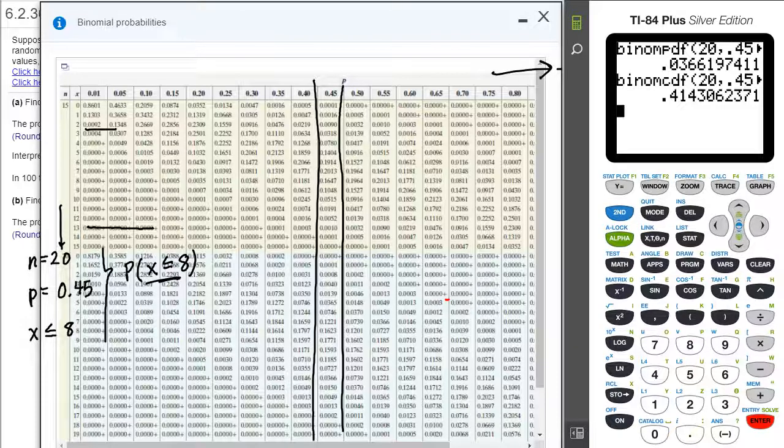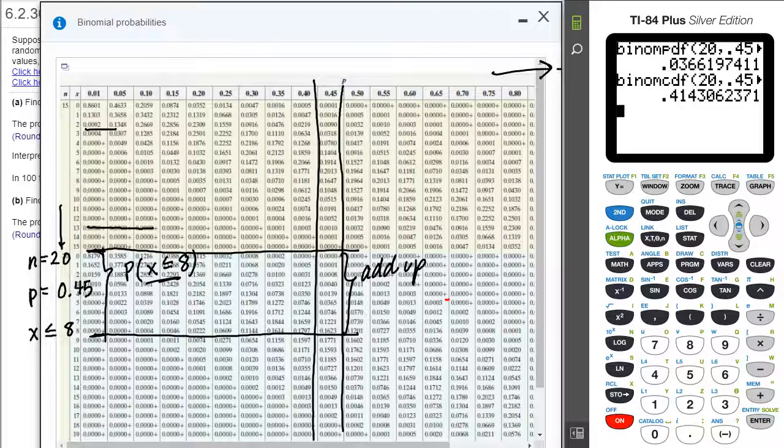So see how these numbers from 0 to 8 right here? You'd want to add these guys up. That's the probability of 0 plus 1 plus 2 plus 3 plus 4 plus and so on. Let's see what we get there.